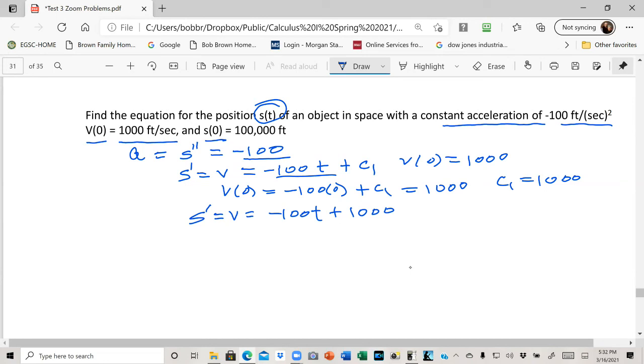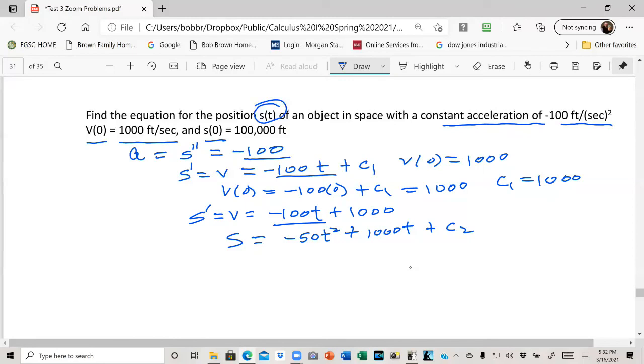And now to get the position, we take the integral again, or take the antiderivative. The antiderivative of minus 100t is minus 50t squared. Antiderivative of 1,000 is 1,000t plus a constant.